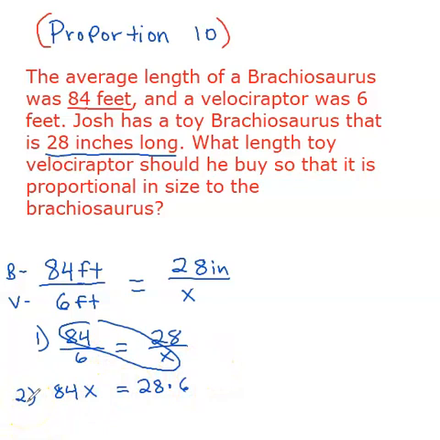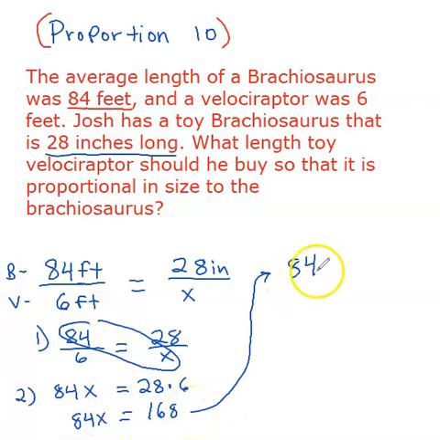And then 84x will stay 84x. And 28 times 6 will be 168 over here. So 84x is equal to 168. I'm going to bring this up here. So we have 84x equals 168. All right, step 3, we're going to divide by 84 on both sides like this.